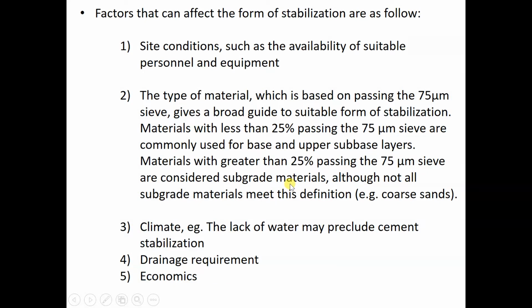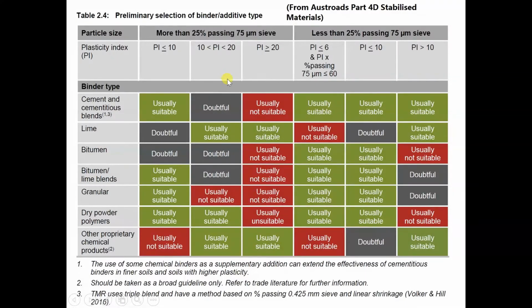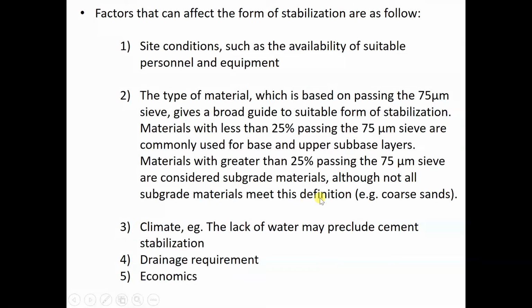So when it has more than 25%, it's considered in this category, on the left hand side. It will be the subgrade materials. Okay, so the fines are more; the material is for the subgrade.